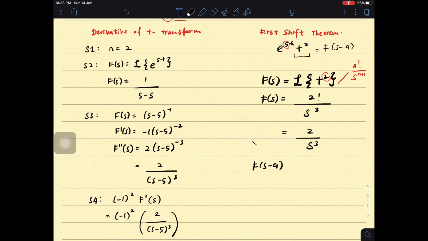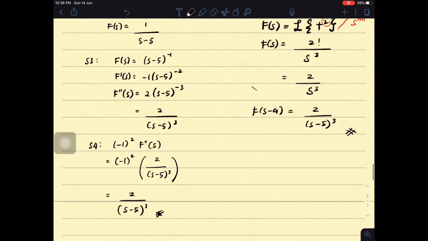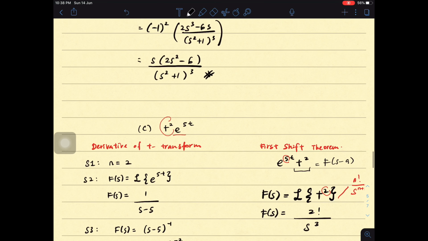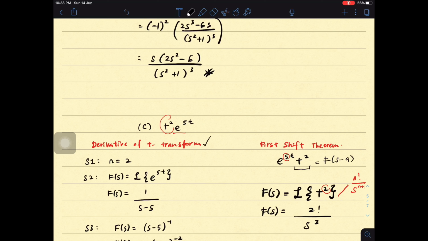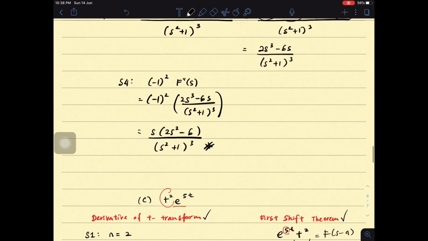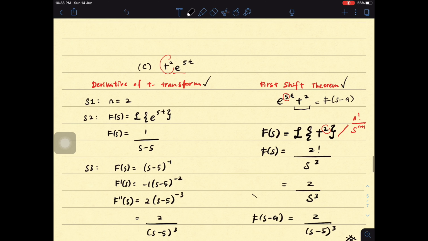So your solution is 2 over (s minus 5) to the power of 3, the same solution as the derivative of the transform method. So for this kind of question, where you have a function of t and also an exponent, you can choose whether to use the derivative of the transform method or the first shift theorem.